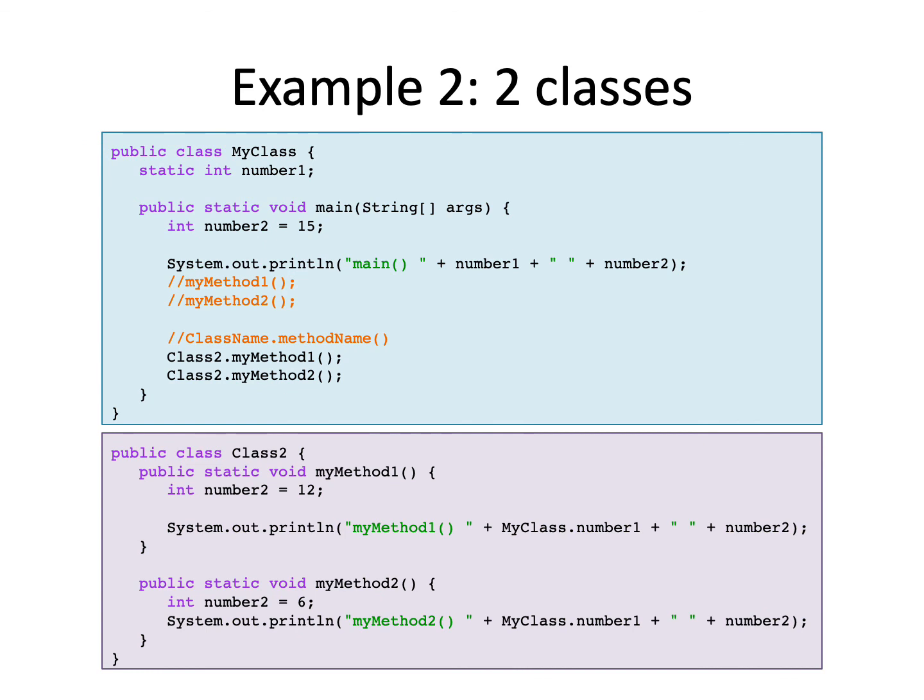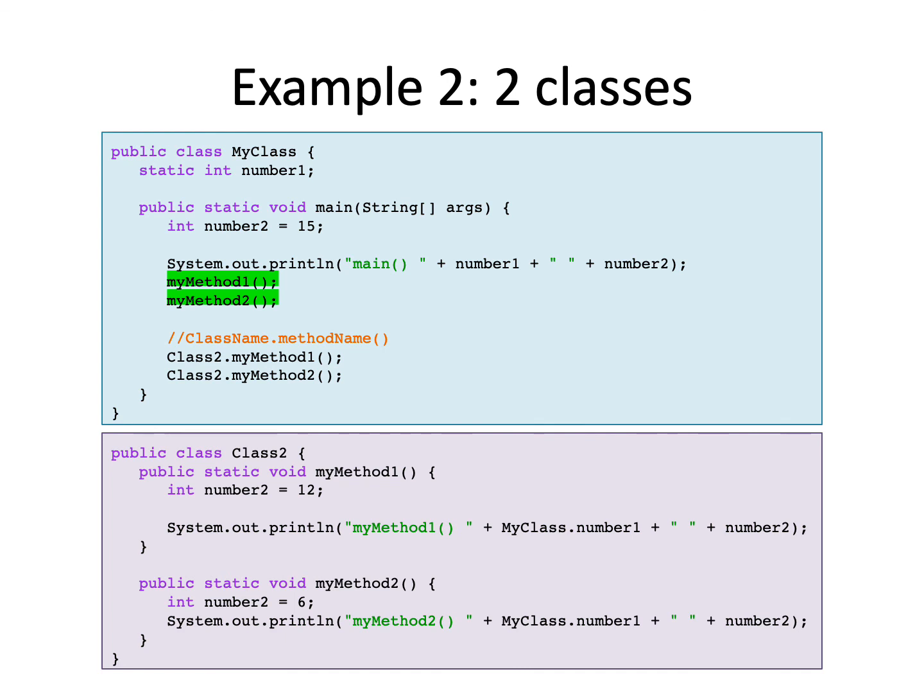What if we have two classes? Here we have two classes called myClass and class2. In myClass, it has the main method. In class2, it has two methods called myMethod1 and myMethod2. In the main method within myClass, it will call myMethod1 and myMethod2.